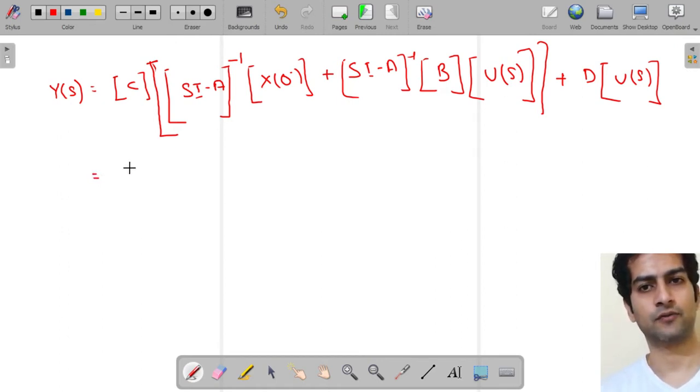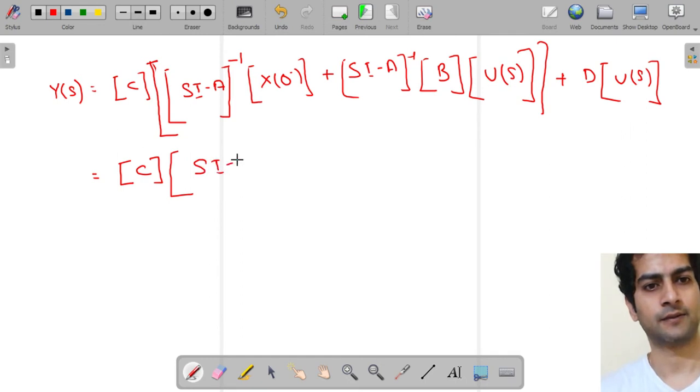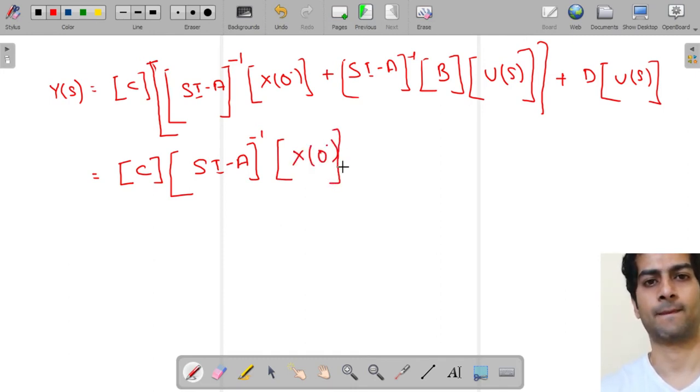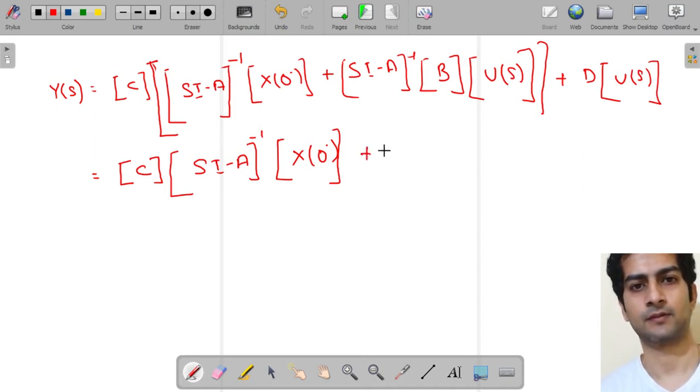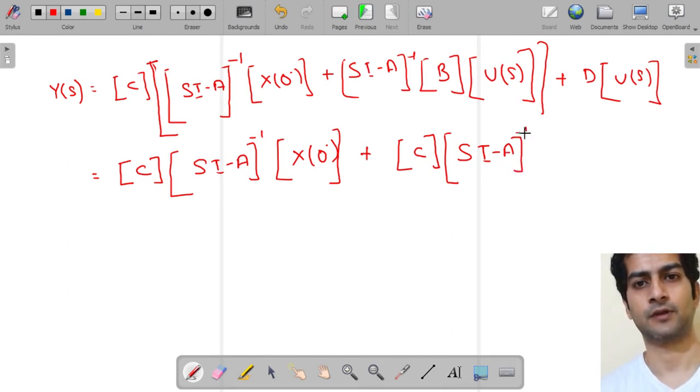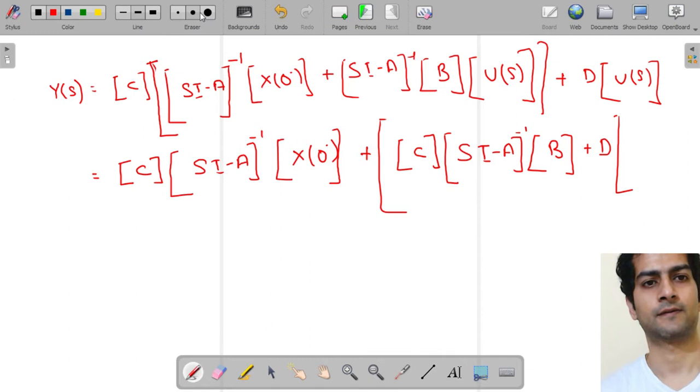Now let us expand it. If we expand it, we will get C (sI minus A) inverse X of 0 plus, in full bracket, C (sI minus A) inverse B plus D, times U of s.